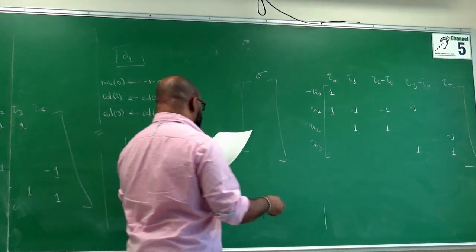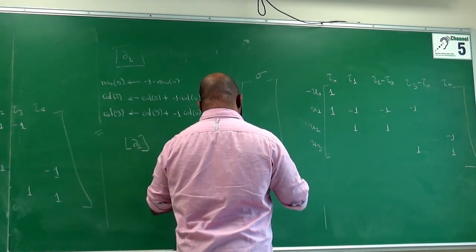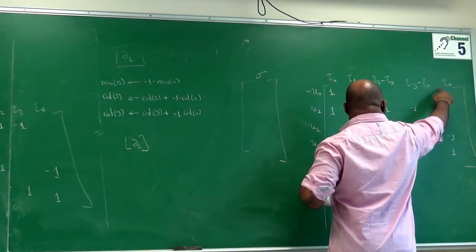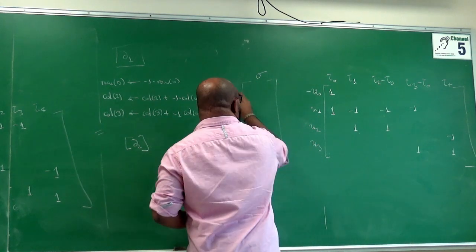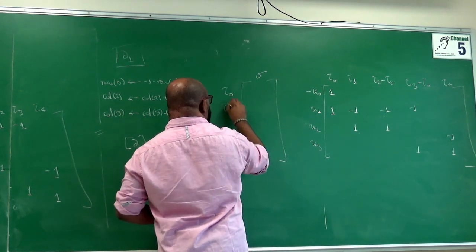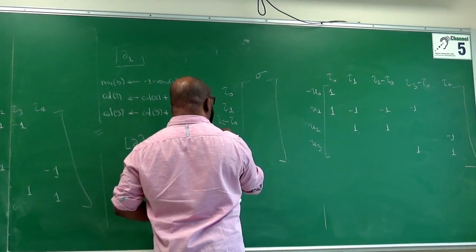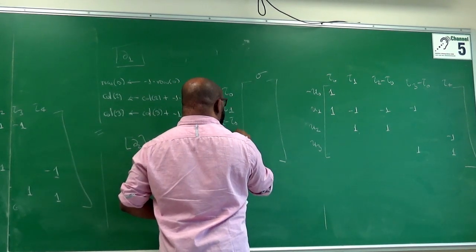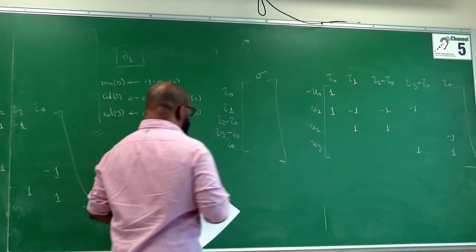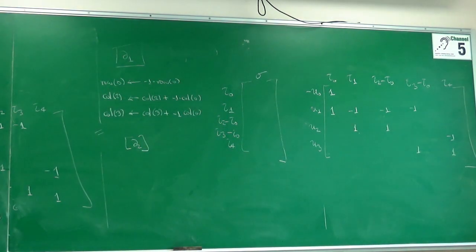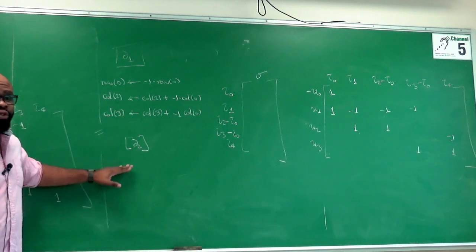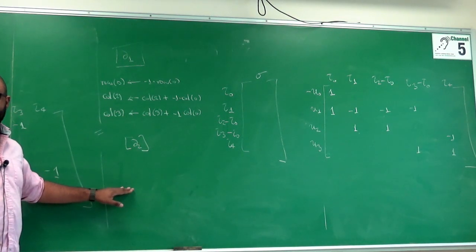So I would like to have tau 0, tau 1, tau 2 minus tau 0, tau 3 minus tau 0, and tau 4. Okay? And the question is, what are the row operations that I have to do to make that happen?